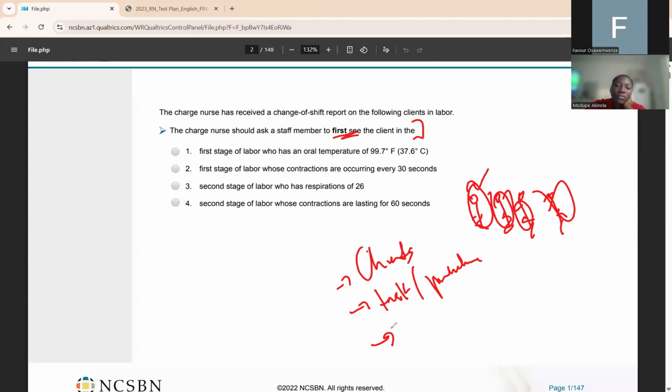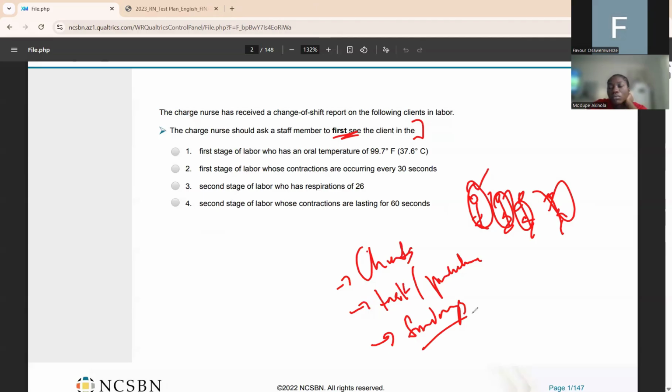Let me remember the third one. If I remember the third one, I will tell you. One prioritization deals with client, which is this one. Another deals with tasks. Okay. Findings. That's the last one. Findings. Right. So we have three types of prioritization.